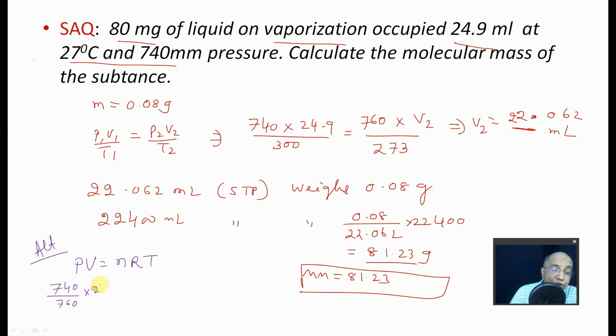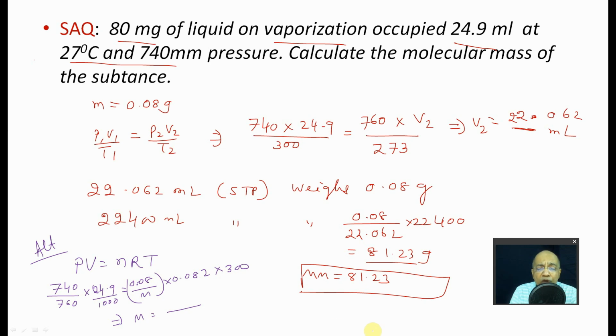Volume is 24.9, make it liter. n is mass, 0.08, by molecular mass, because number of moles n is equal to mass by molecular mass. R is 0.082 because you have taken liter and atmosphere, into temperature 300. From here, in one step you can find out the molecular mass.